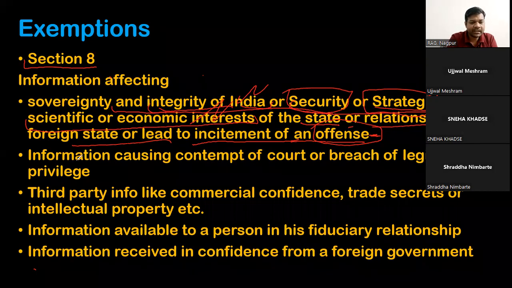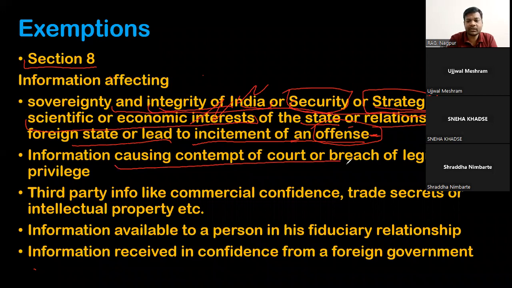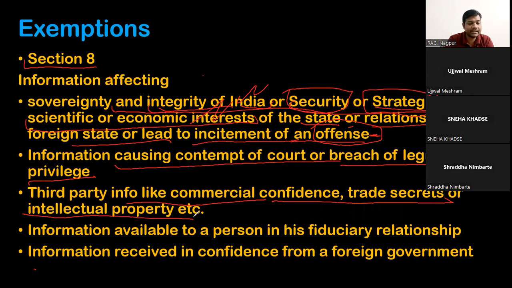Information causing contempt of court or breach of legislative privilege cannot be given, right? Third party information like commercial confidence, trade secrets, or intellectual property rights. There is third party information like that of two states, say India and USA.